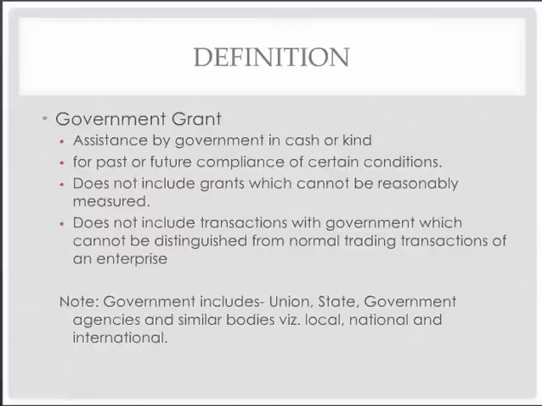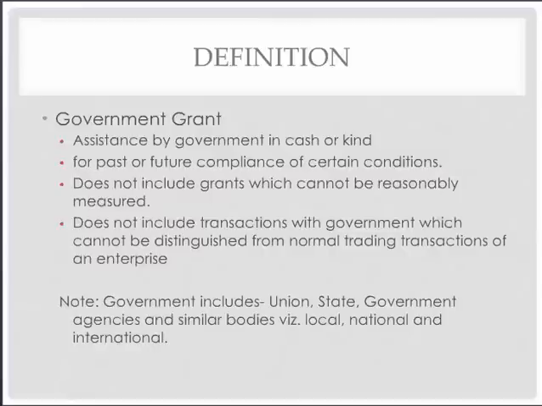That means some enterprises deal with government, selling goods or services or buying goods or services of the government. Now, a government grant should be clearly distinguished from your normal trading operations. Only if you are able to clearly distinguish it from your normal trading transactions, you should recognize government grants.